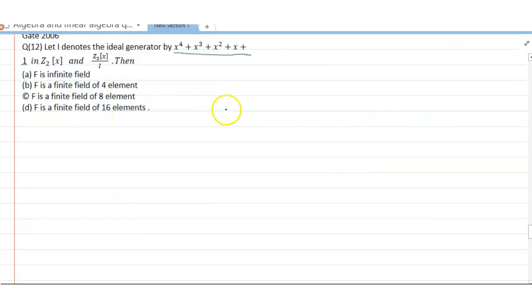Another polynomial is x to the power 4 plus x cube plus x square plus x plus 1. This is the ideal generator. This is my ideal, I is my ideal.